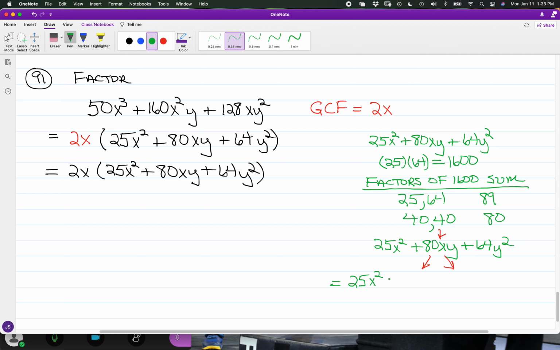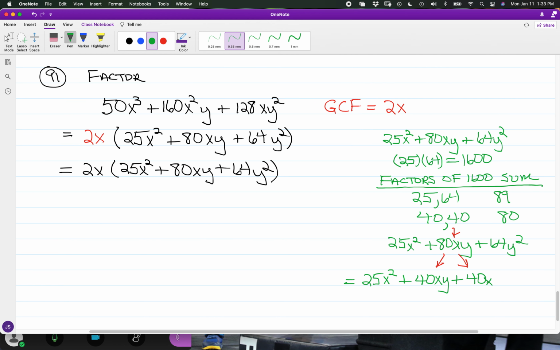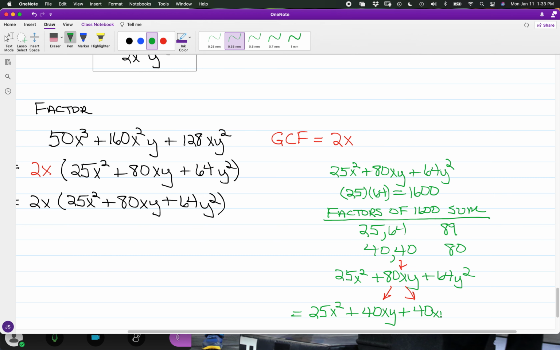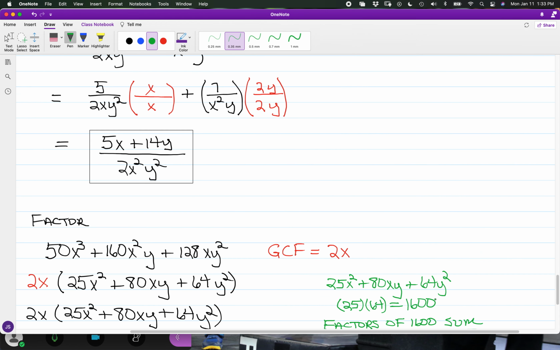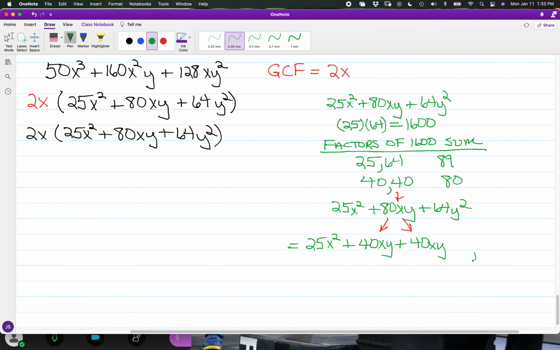Okay, so you have 25x squared plus 40xy plus another 40xy. And we have plus 64y squared.